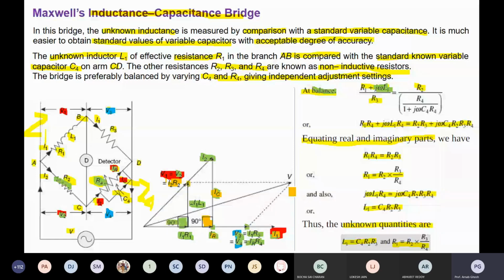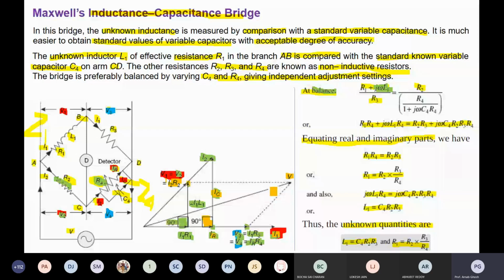So finally you will get that value of V. I think all of you are able to understand the phasor diagram of Maxwell's inductance capacitance bridge. I think there is no confusion. If you have any confusion, you can ask me. That's the basic idea of the Maxwell inductance capacitance bridge.